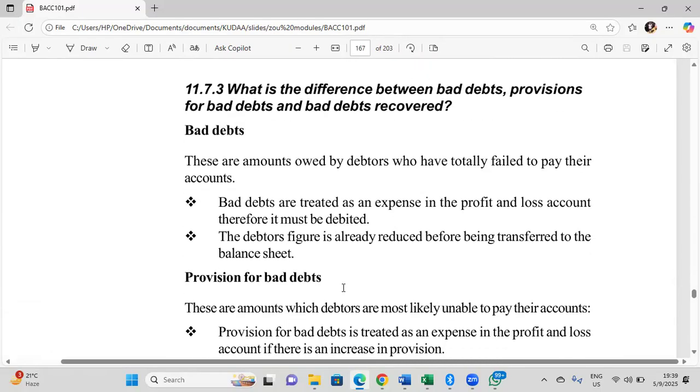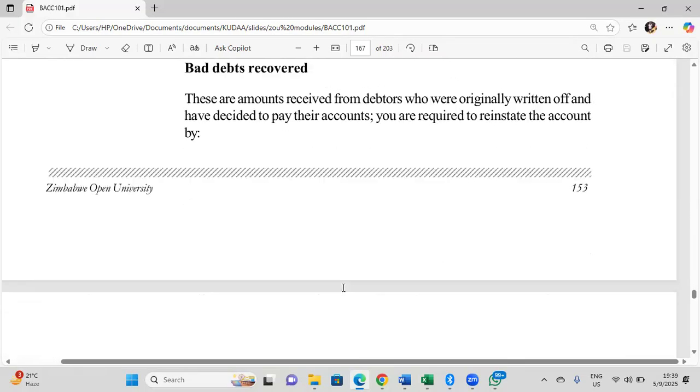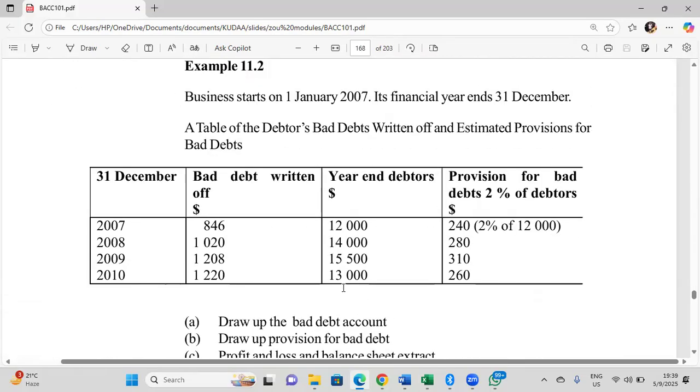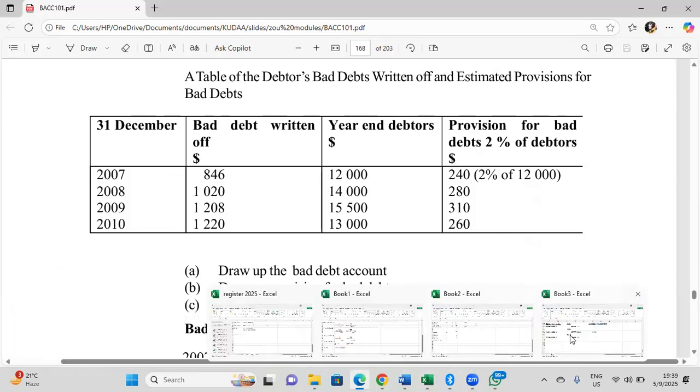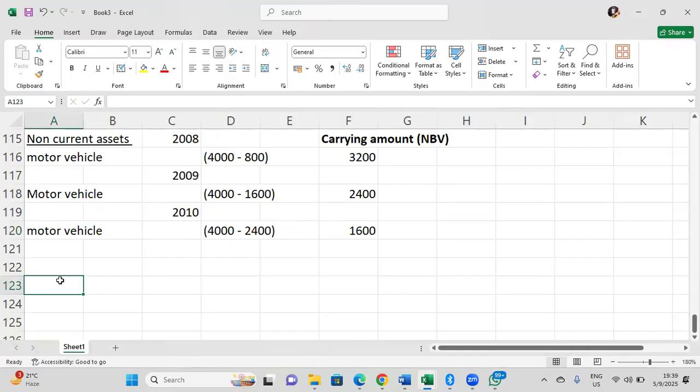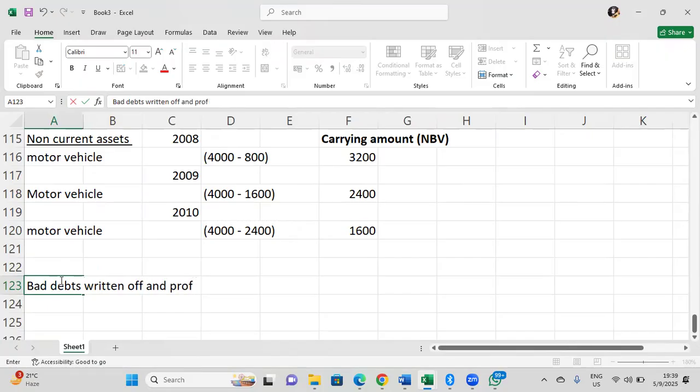You can call them bad debts written off and provision for bad debts.